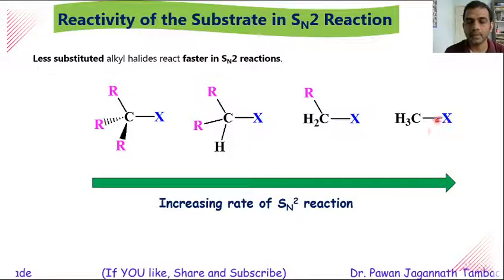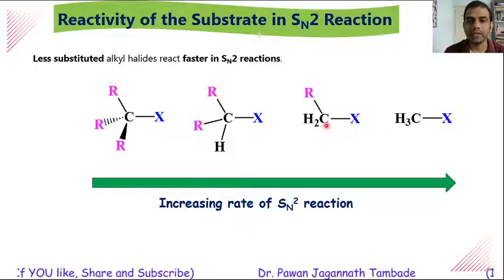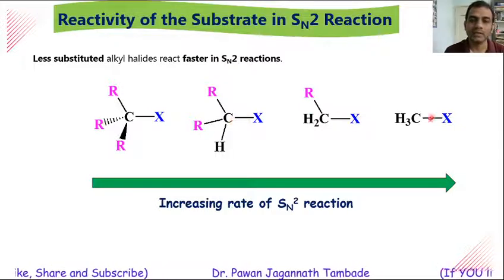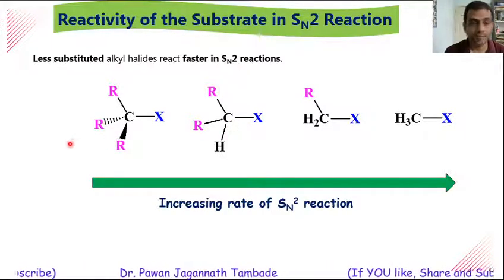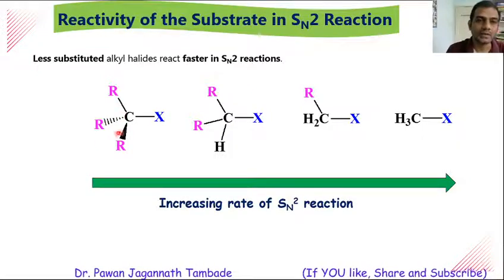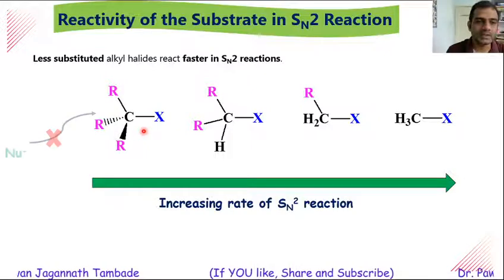As we move from methyl to primary and from primary to secondary, the rate of reaction is found to be decreasing. However, in case of tertiary, the reaction does not proceed through the SN2 path. So why does this happen?